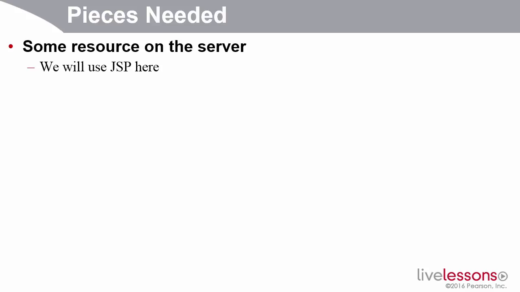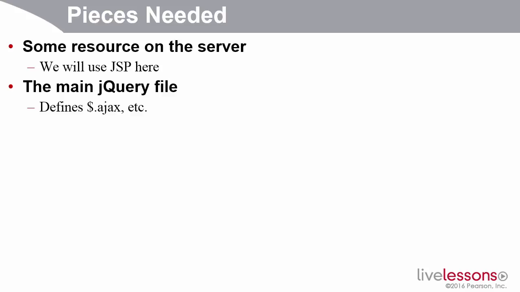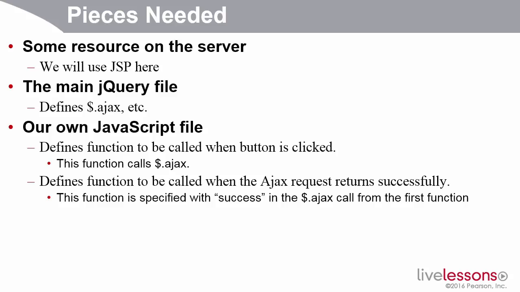Don't worry about the syntax of JSP. You can just copy my file or stick with a plain text file like we did before. All right, then of course we need to load jQuery itself because $.ajax is defined by jQuery, not raw JavaScript. Then we need our own JavaScript file. And our own JavaScript file needs 2 functions.